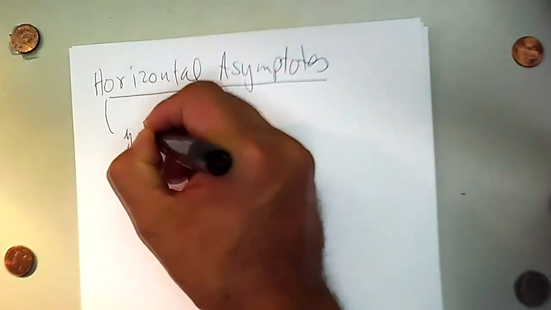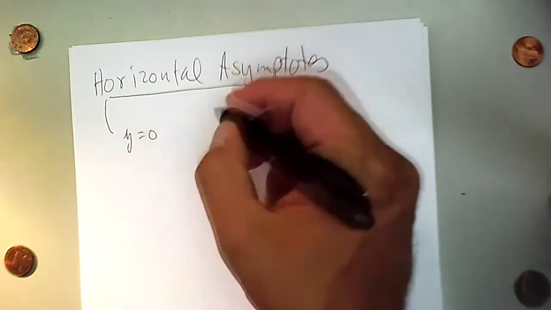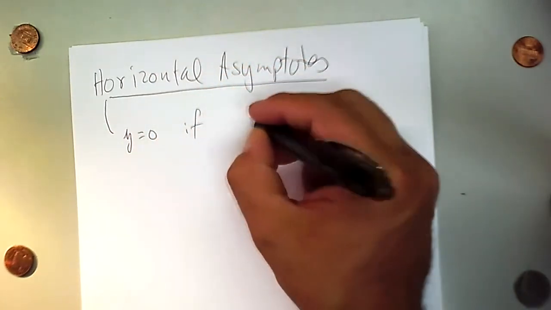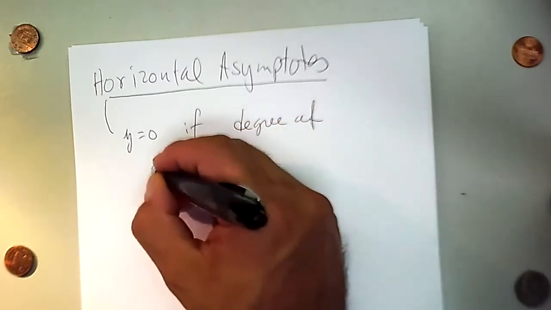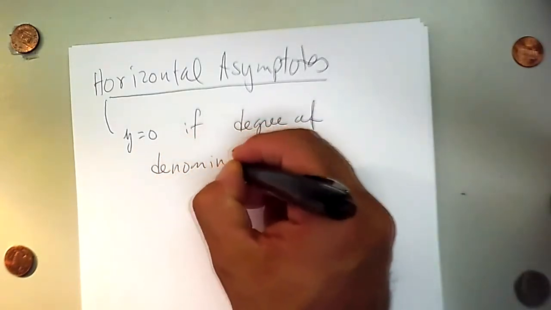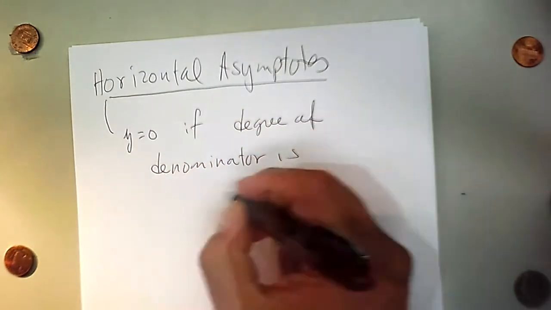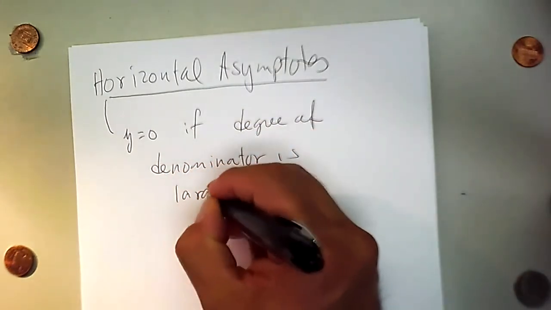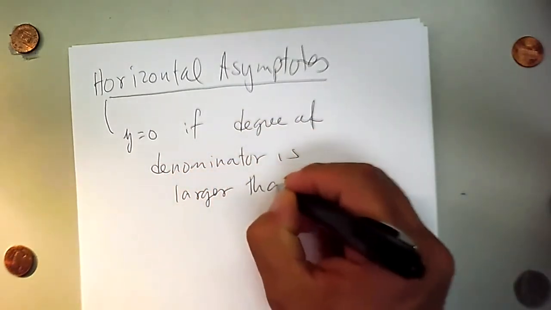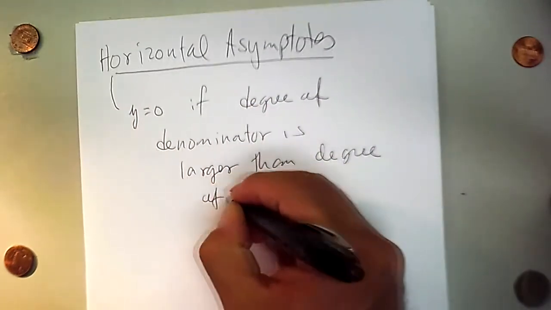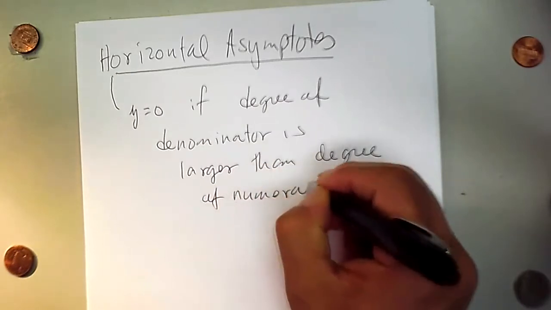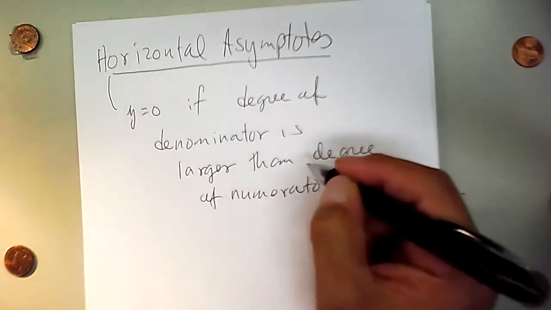Y equals 0 will be a horizontal asymptote if the degree of the denominator is larger than the degree of the numerator. Invariably, that's always going to happen.